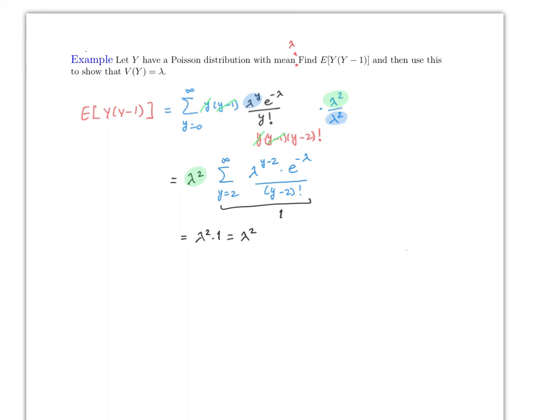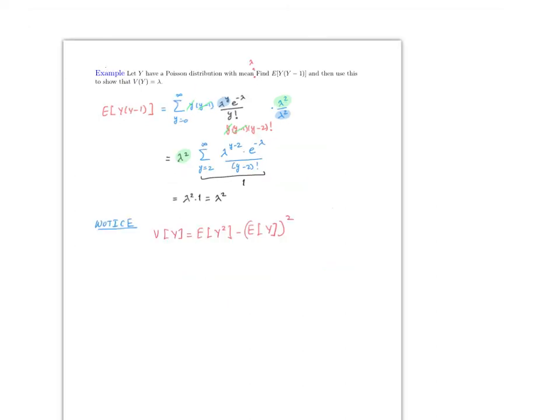Okay, so now notice the variance, one of the definitions we have, the variance of any random variable is equal to the expected value of y squared minus the expected value of y, squared. So if you have the expected value of y times y minus 1, notice that that's equal to the expected value of y squared minus the expected value of y.